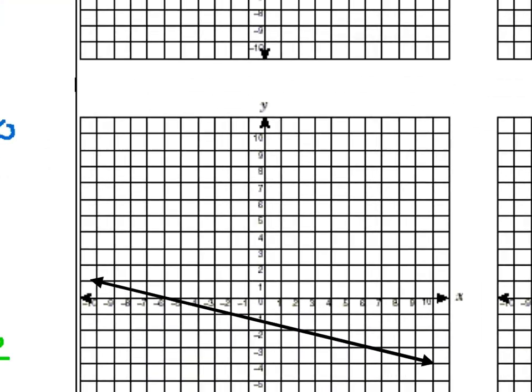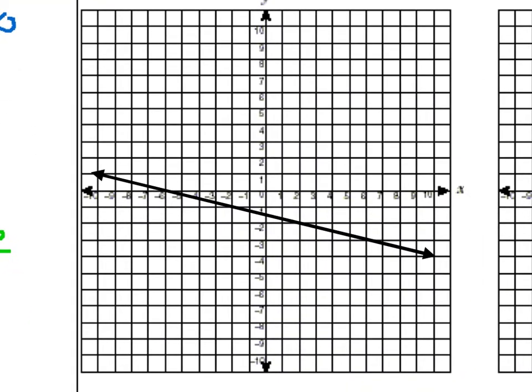Let's look at our next example. First thing we should notice about this line is what, Liana? It is negatively sloped. We're going to write it down. Next thing we need to do, we're finding the slope of the line. Slope is equal to rise over run.